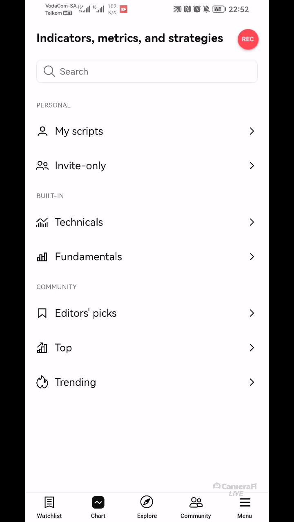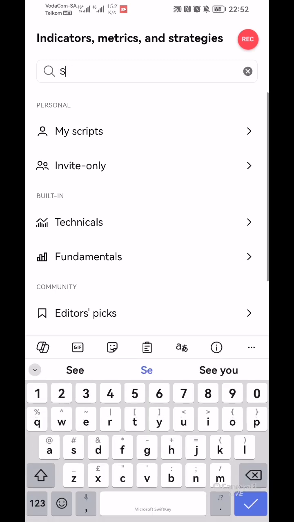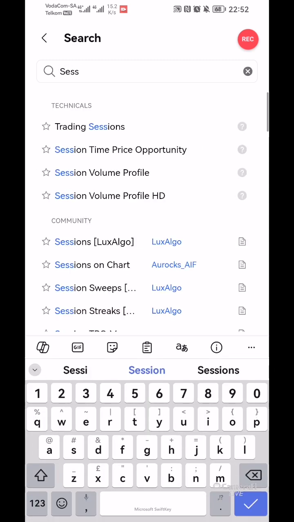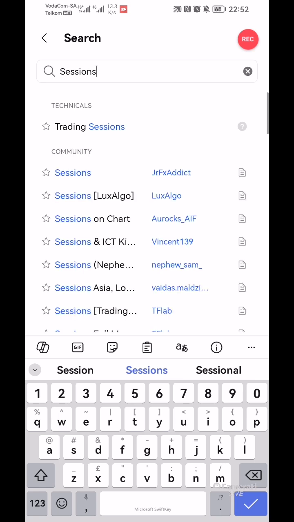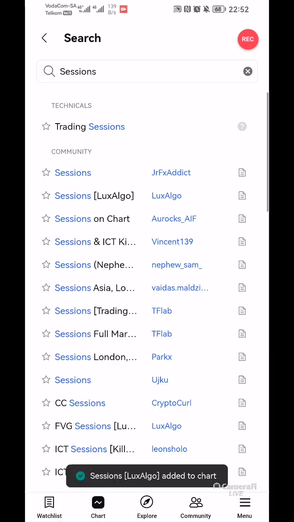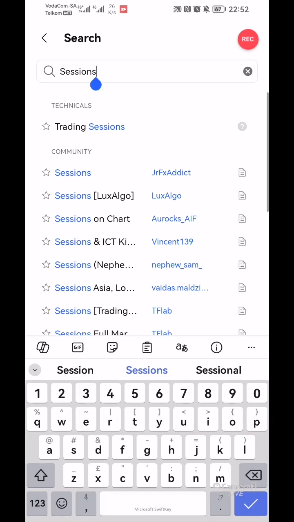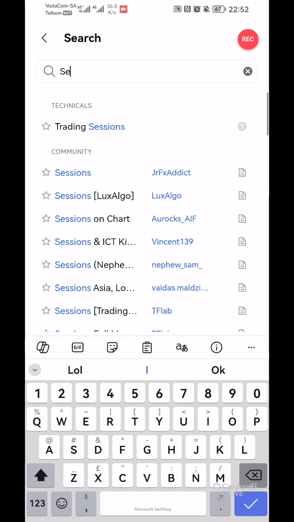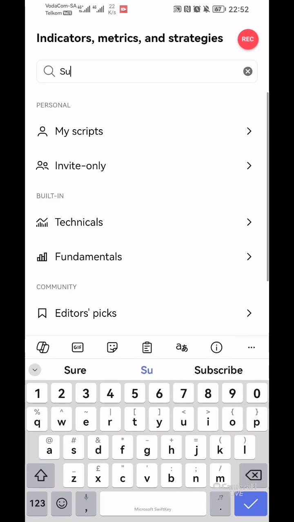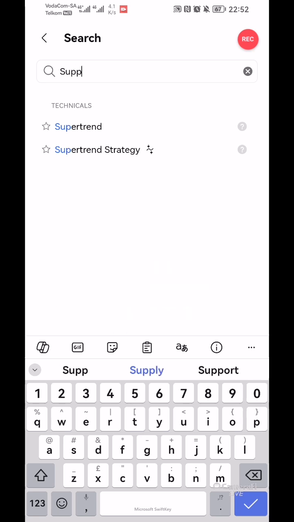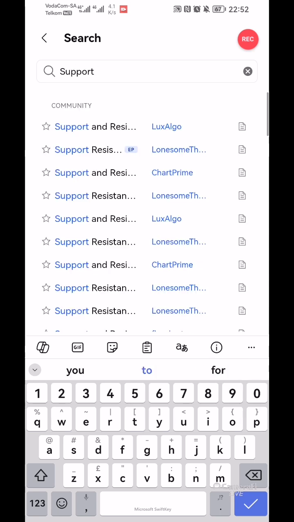So the first indicator is gonna be Sessions by LuxAlgo. As you can see, there's that one on the list. I'm gonna load that on my charts, and then the second indicator I'm gonna use is the Support Resistance by LuxAlgo too.